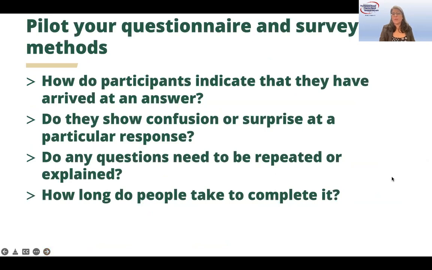It's very important that you pilot your questionnaire. You can do a process called cognitive testing or think-aloud process, where you get a sample of your potential participants, maybe 2 to 5 of them, to review your questionnaire.